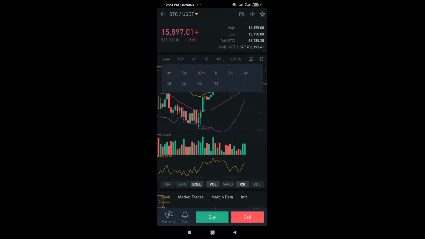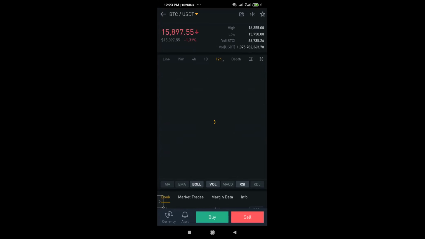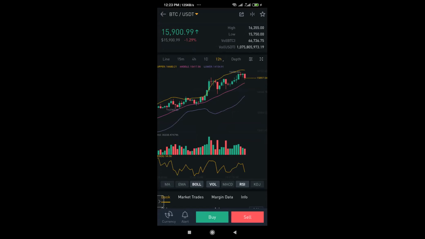Let me take it to the 12-hour timeline. So we can see that in the last 12 hours, this is what has been happening. Each candle is representing 12 hours. This is where I pick the timelines that I can use to view the chart history.